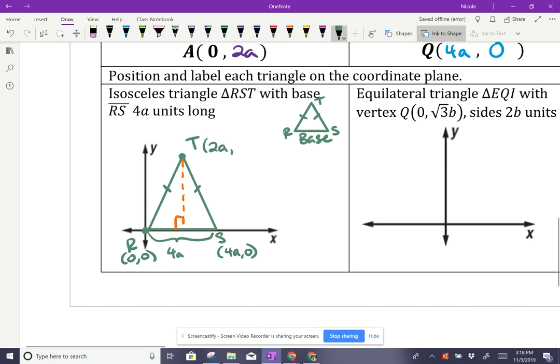And I don't have anything specifying how far up I'm going to go, so I'm just going to use a new variable and say it's at b. So we have the points R at 0, 0, S at 4a, 0, and T at 2a, b.